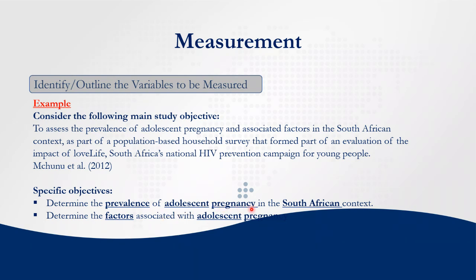Adolescent pregnancy, even here, you'll have to be clear in the context of your study. And you also need to expand or give clarity on what you mean by the South African context for your study.